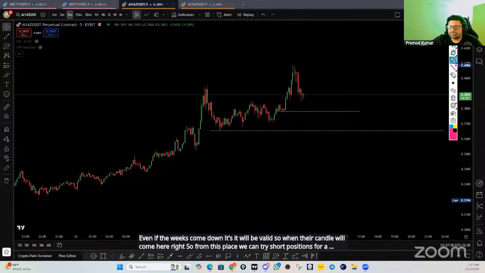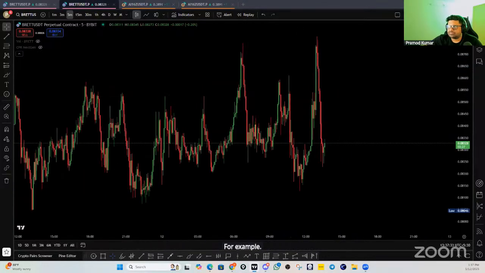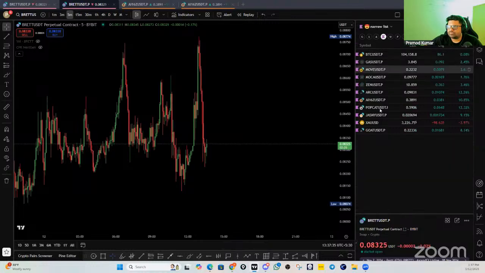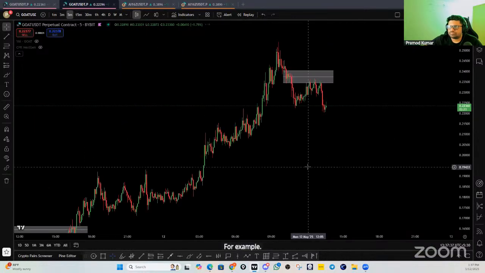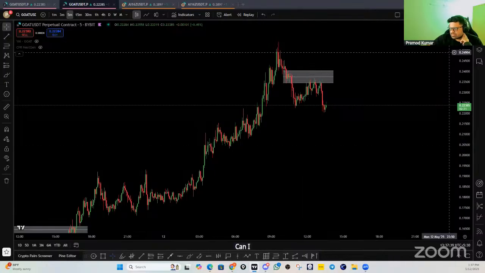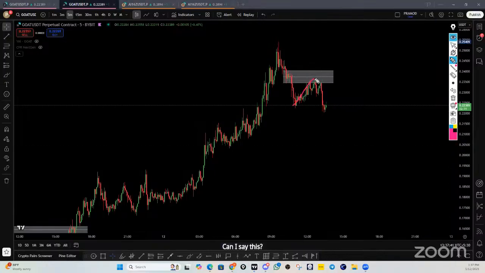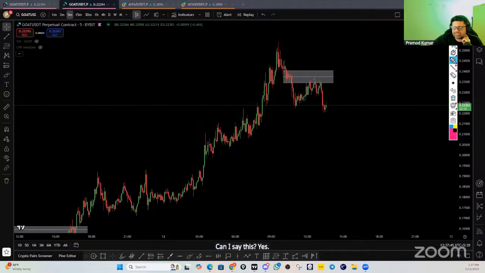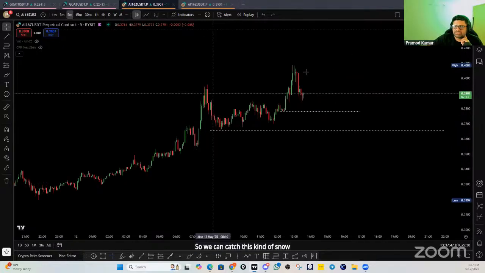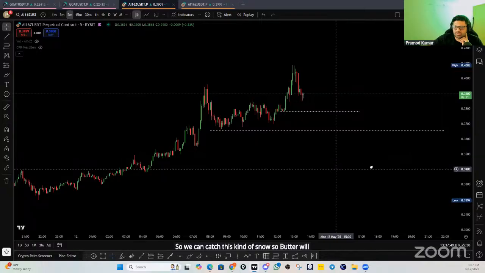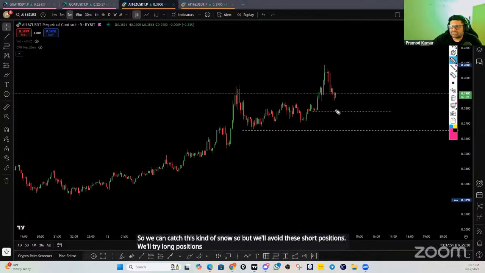For example, can you see this? Good. So we can catch this kind of move. But better we avoid these short positions and try long positions. I'll just tell you the scenario.